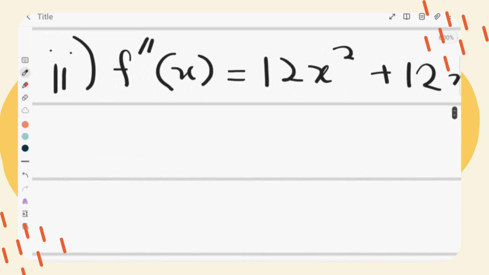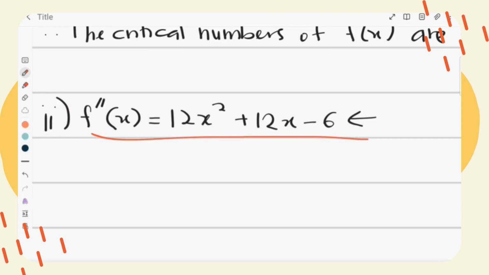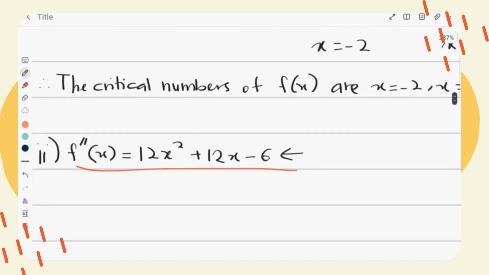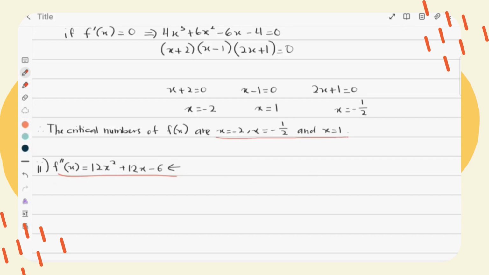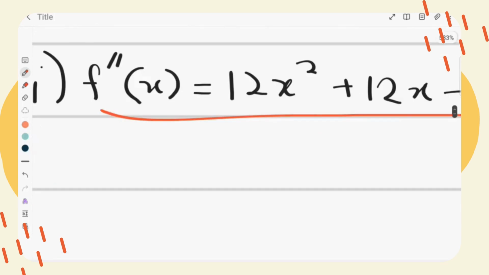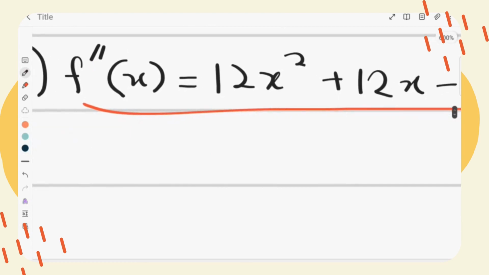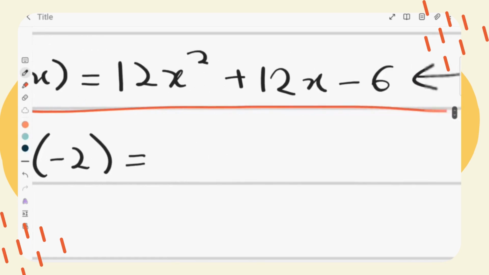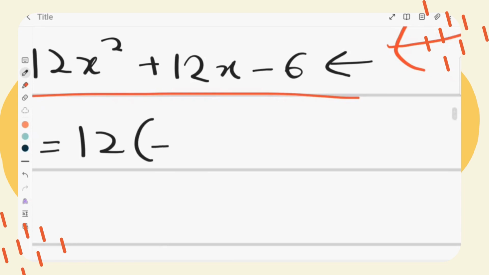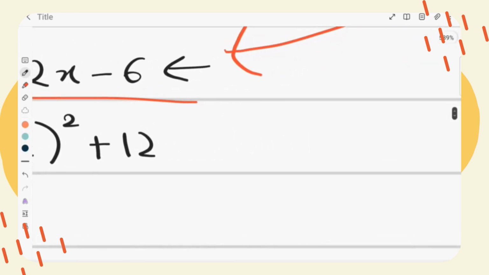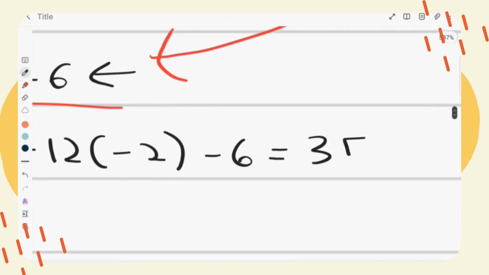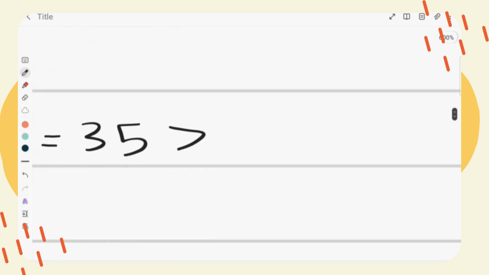Substitute the critical numbers of f(x) into the second derivative, which is this function. Just put this x into this function. So f double prime of negative 2 equals 12 times 4 minus 24 minus 6, we will get 18 or so, which is more than 0.